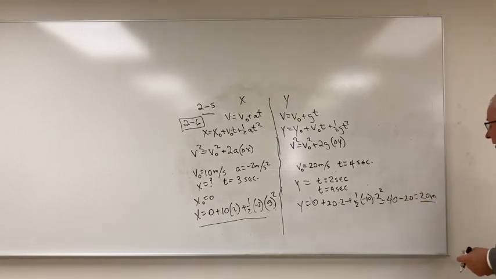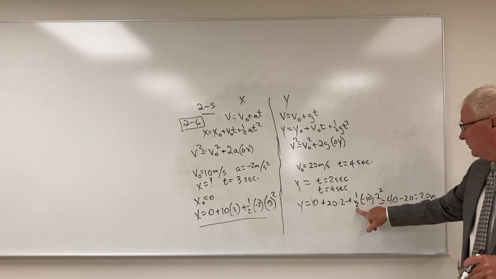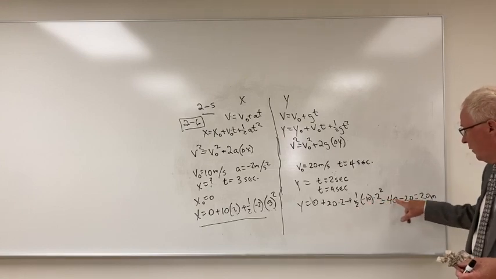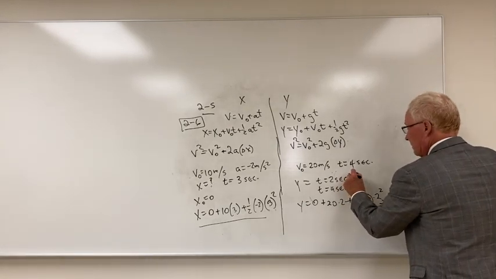This would be 40. 1/2 of 10 is 5, times 4 gives us 20, so it'd be 20 meters high. All right, that's for 2 seconds.